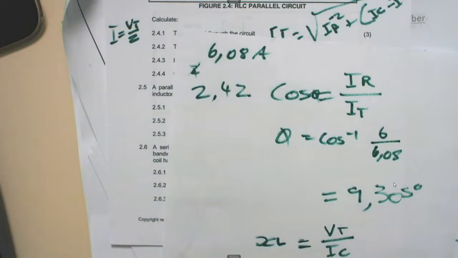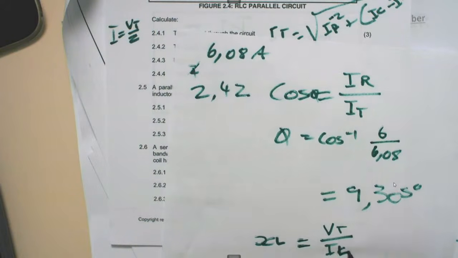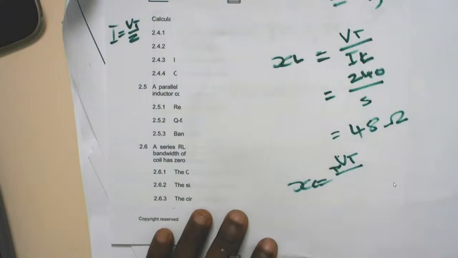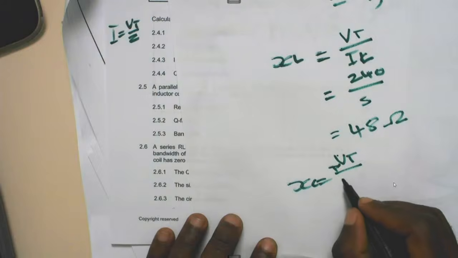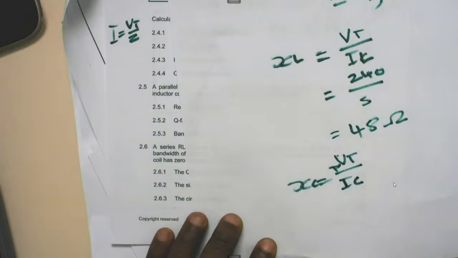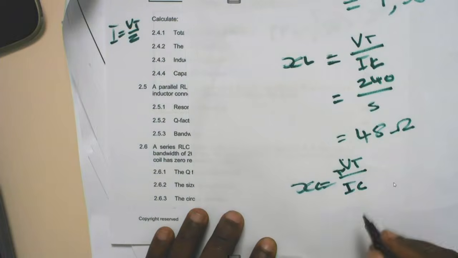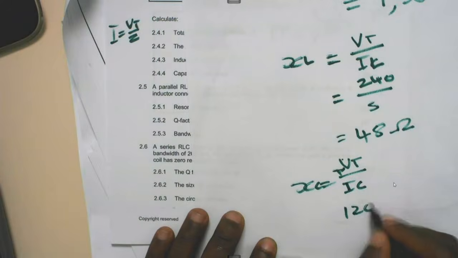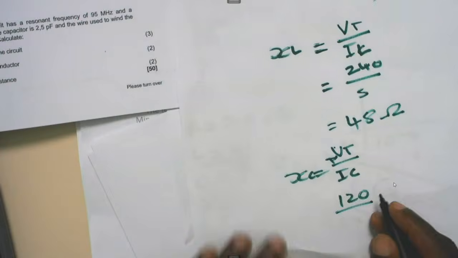So let us look for capacitive reactance. Our XC will do the same thing because it's also a reactance. We are using Ohm's law, which is VT over IC. Because voltage is the same throughout, we'll have 120 over the value of our IC, which is 4.